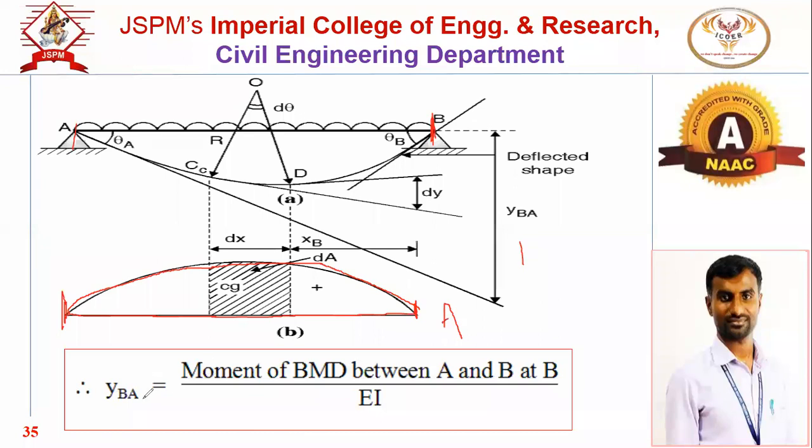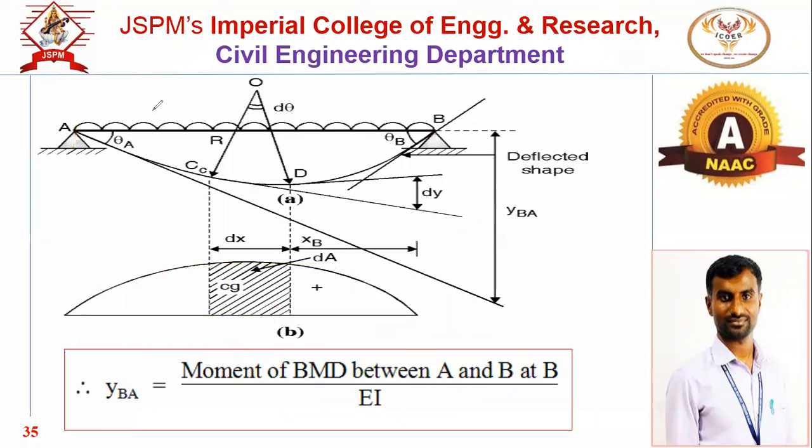But for deflection, what do we want? We have to consider the moment of this area, meaning the perpendicular distance of this particular diagram from point B. Why was point B taken? Because we want the deflection at point B. So that's why we have to consider the moment about point B where we want the deflection.